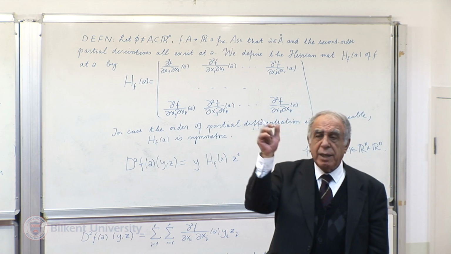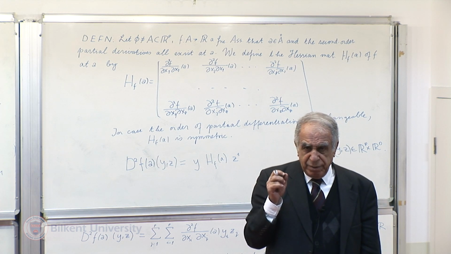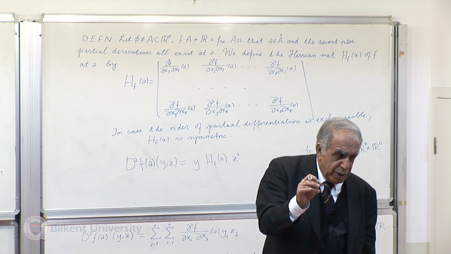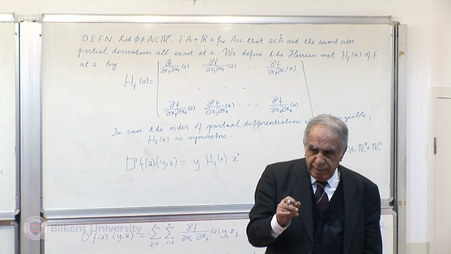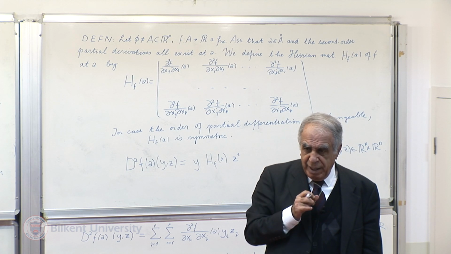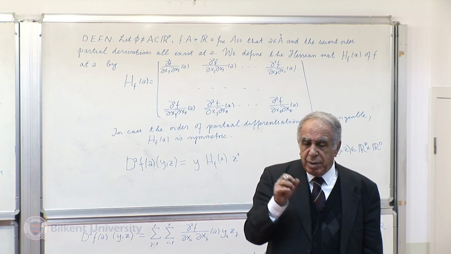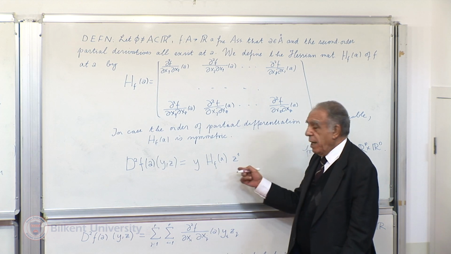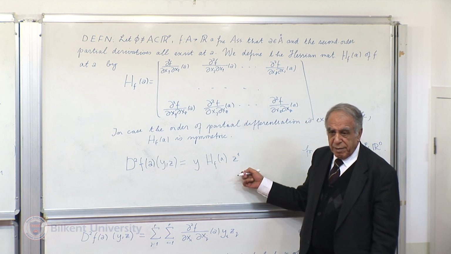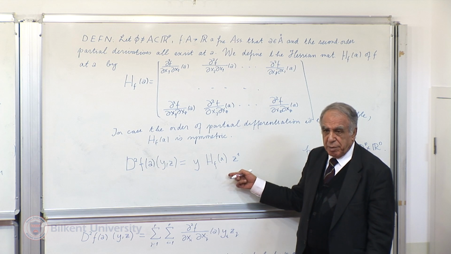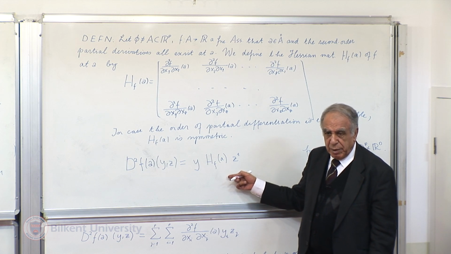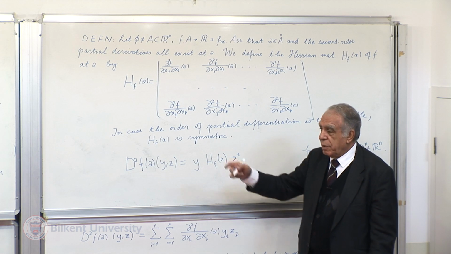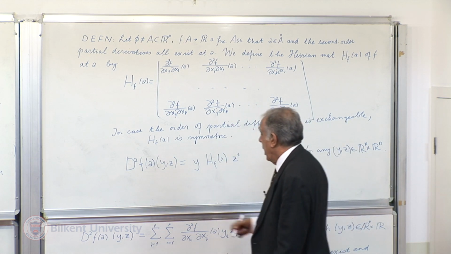You take the second order derivative of f, first with respect to xi, then with respect to xj, at A, then you multiply that by the jth component of y and the ith component of z. But this will be exactly equal to that sum. This will be a 1 by 1 matrix, but the entry will be just what you have in here.